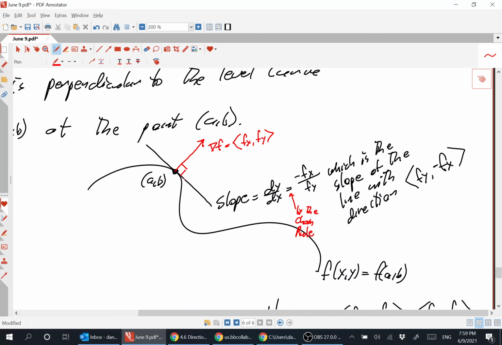Right? And the gradient represents what? The gradient represents the direction of greatest increase. When you look at it on the level curves, so when you project it into the two-dimensional xy plane, it's always perpendicular to the level curves.